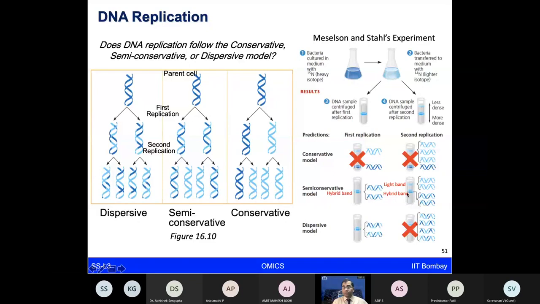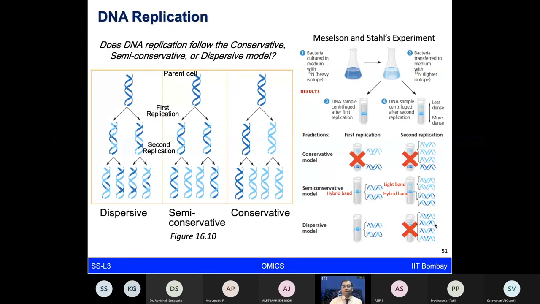They observed that the light band should appear here, the heavy band here, and the hybrid band in the middle. They had only a light band, like this one, or the hybrid band, which has this kind of composition. That is what is observed in the density centrifugation experiment, which proves, in the Meselson and Stahl experiment, that the semi-conservative model of DNA best explains this phenomenon.